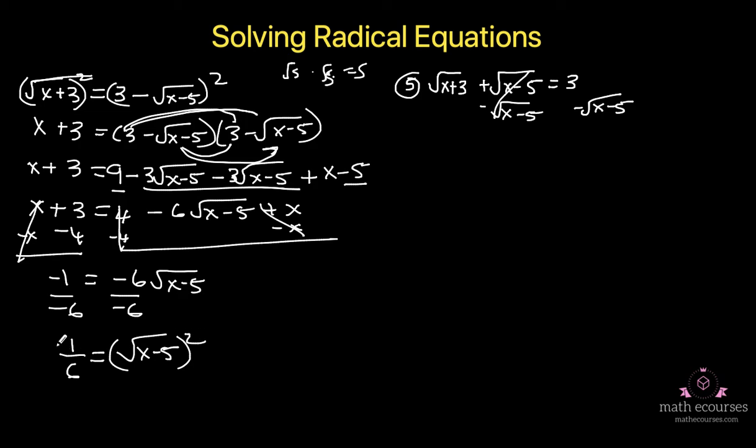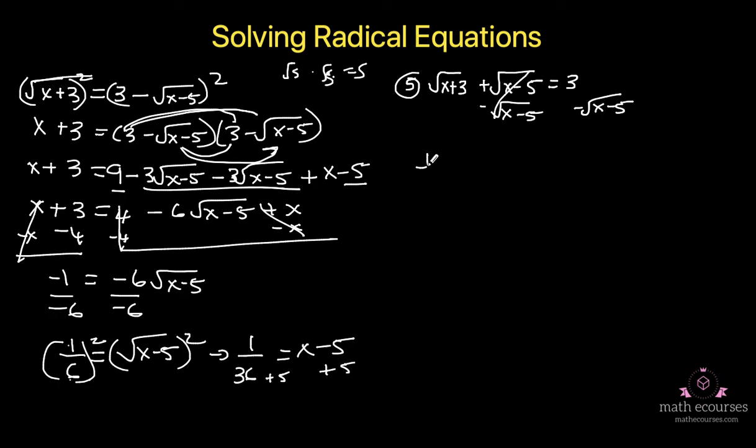So square this side, square that side. When you square this side, square the 1 and square the 6. So that would be 1 times 1 is 1, 6 times 6 is 36, equals x minus 5. Okay, now I just need to add 5 to get my x.